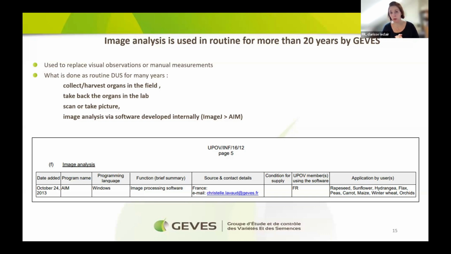So it's more like a software using this image free software. AIM is in the list of the software of UPOV document INF 16, as I put it below, since 2013.